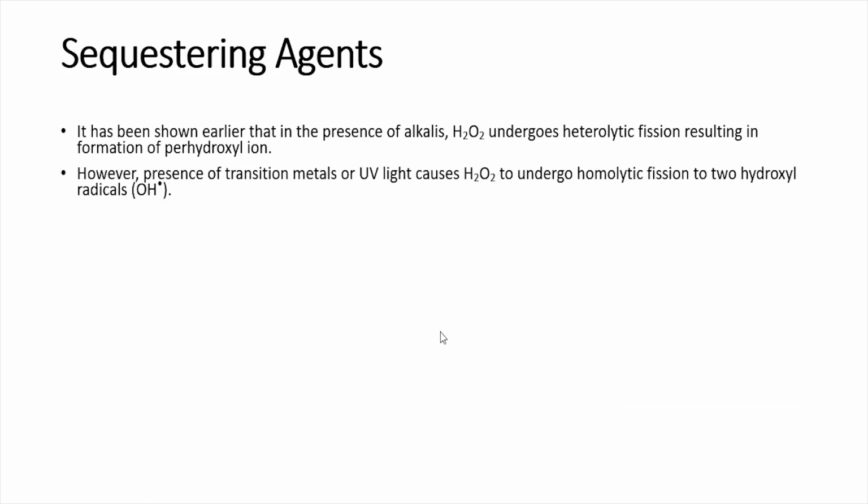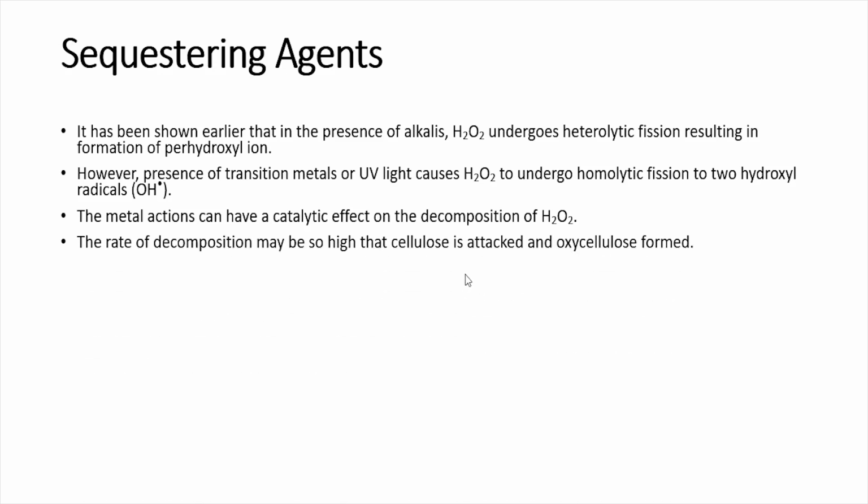But in the presence of metals or UV light, H2O2 undergoes homolytic fission to two hydroxyl radicals, OH radicals, that increases the rate of oxidation, and that decomposes the hydrogen peroxide. So this type of reaction is called catalytic effect, and the rate of decomposition is very high.